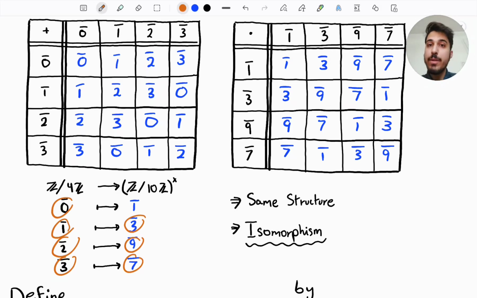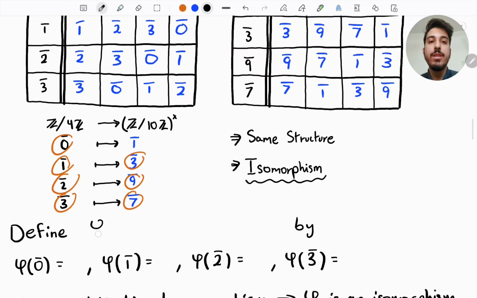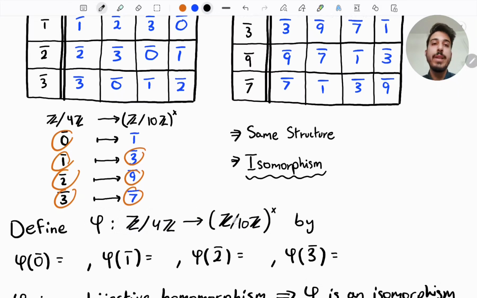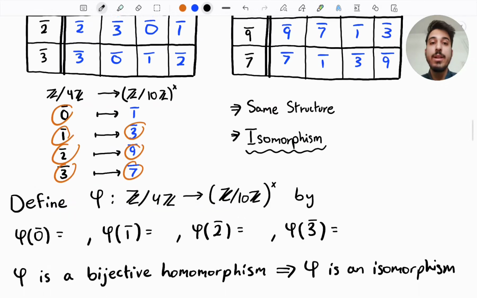In fact, now we can formalize this by defining phi going from Z4Z to Z10Z star. So this is a map that takes elements from Z4Z to Z10Z star, and phi of 0 is equal to 1, phi of 1 is equal to 3, phi of 2 is equal to 9, and phi of 3 is equal to 7.